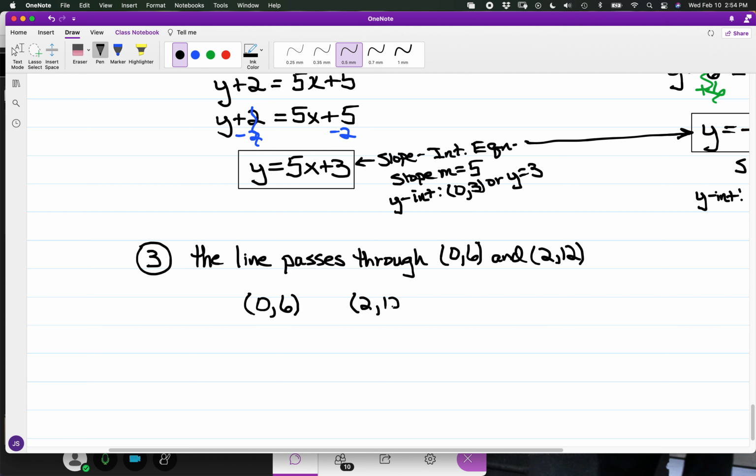And again, we can go ahead and label our first and second x and y values. For (0, 6), we have this representing x1, y1. And for (2, 12), I can have this as the second set of x and y terms.